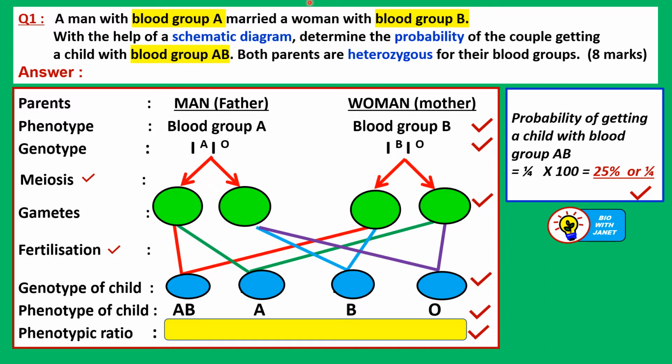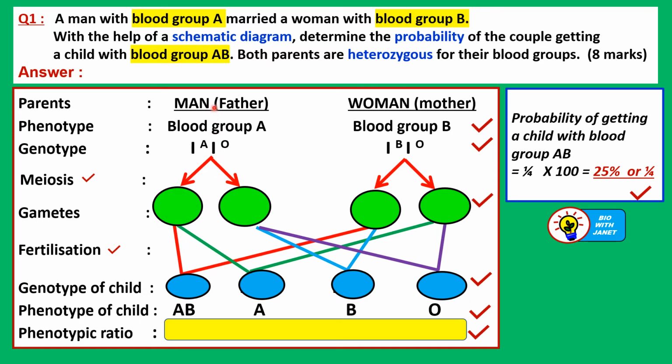Okay, so underline the words schematic diagram, right? And then underline all the different blood groups that I mentioned. And remember that both parents are heterozygous for their blood groups. That means they have 2 different alleles for the blood groups. Okay, so in your answer, you must have the titles at the left-hand side here, which are parents, phenotype, genotype, meiosis, gametes, fertilization, genotype of child, and phenotypic ratio, right?